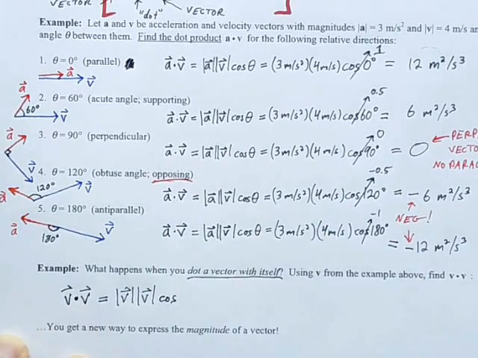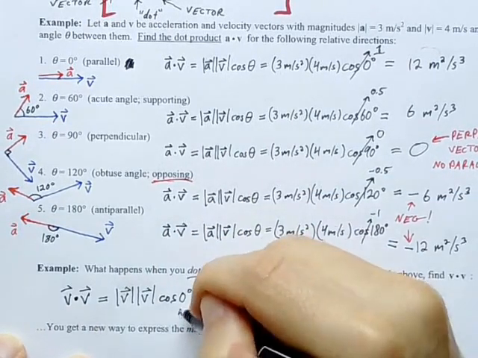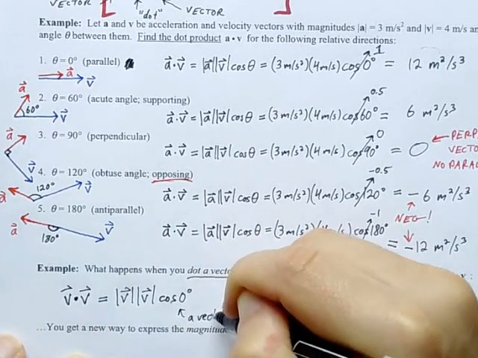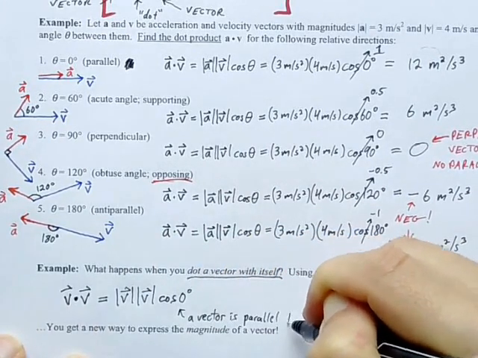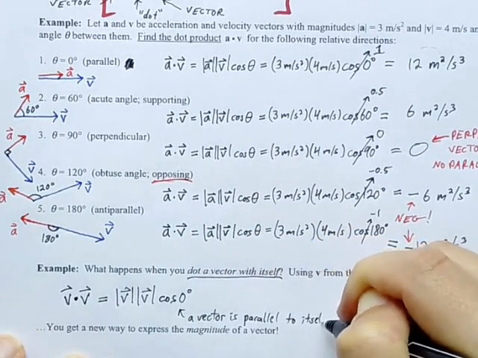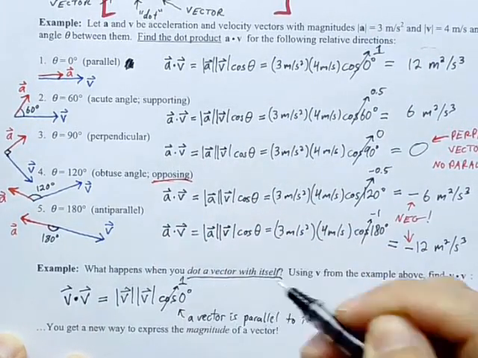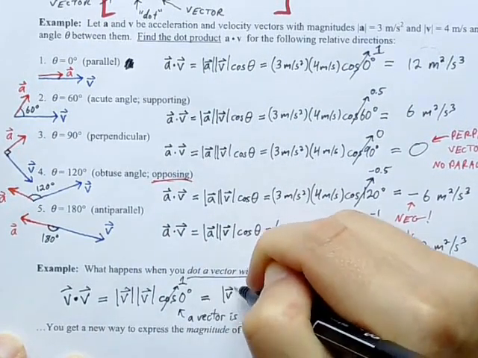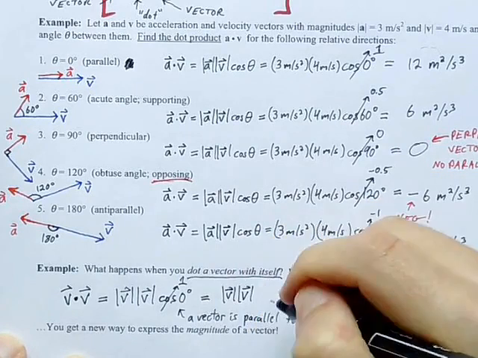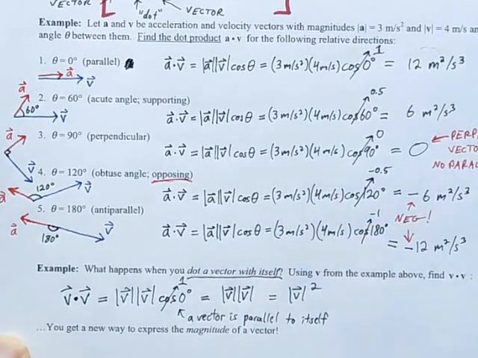A vector is parallel to itself. So times cosine 0. Any vector is parallel to itself. Cosine of 0 is 1. So that's just v magnitude times v magnitude, or the magnitude of v squared.